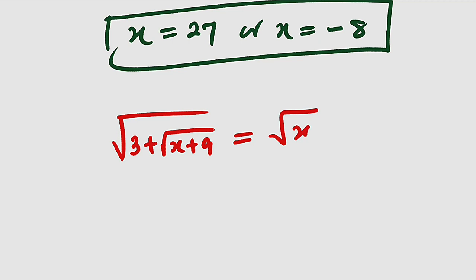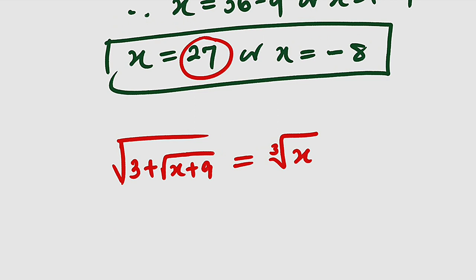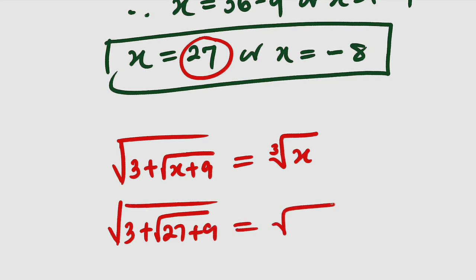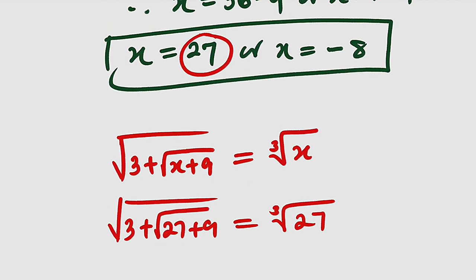The cube root of x. So let's start by plugging in 27. If x is 27, we have the square root of 3 plus square root of 27 plus 9 equal to the cube root of 27.